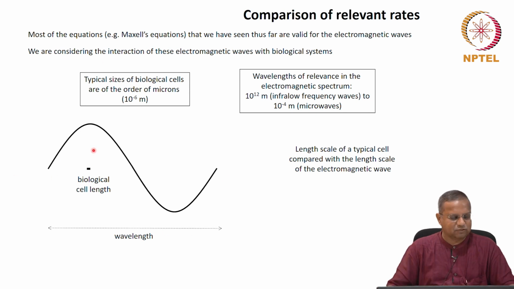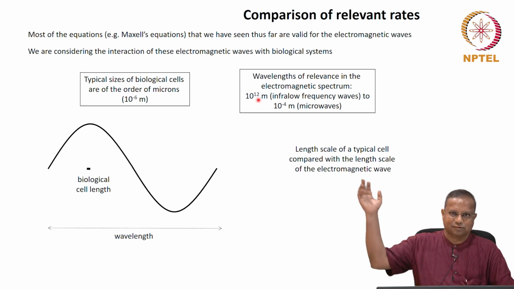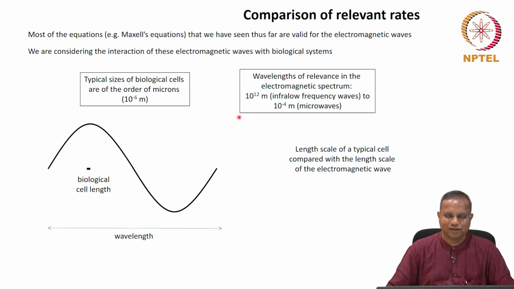This is just to give you some idea of the length scale of a typical cell compared with the length scale of the electromagnetic wave, just for perception, not even to scale. Because this is 10 power minus 6 meters, and the extreme is 10 power minus 4 meters, two orders of magnitude higher in size. And if you go to the other end, it is many orders of magnitude off, 18 orders of magnitude off.